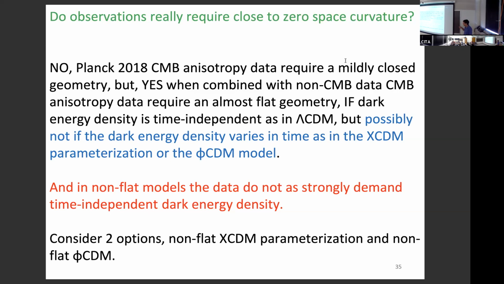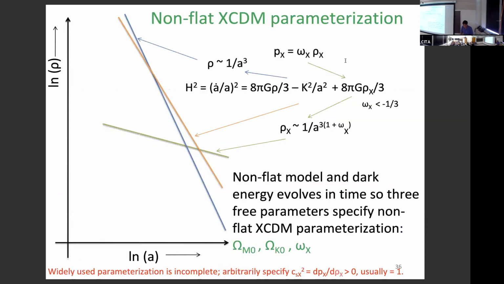People have looked at this more carefully, mostly in lambda CDM, but things are more interesting when you have dynamical dark energy. I'll show you a little bit of results from there. Things become more complicated when you allow dark energy dynamics, and maybe you have a better way of allowing for non-flat models. So we're going to generalize these two flat models.